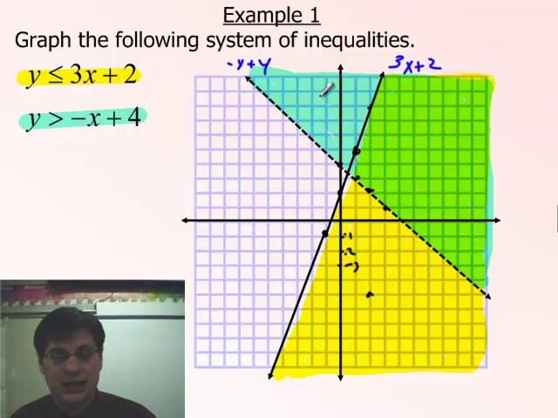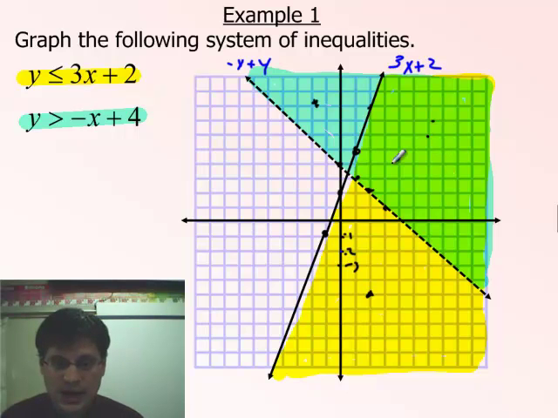And anything in this blue region is going to be a solution for the second one. If I pick just this point here, it'll get a true statement for the yellow one, but it won't work for the blue. And if I pick a point up here, it will be a solution for the second inequality, but not for the first. So your solution region to the system is any point in this green area.